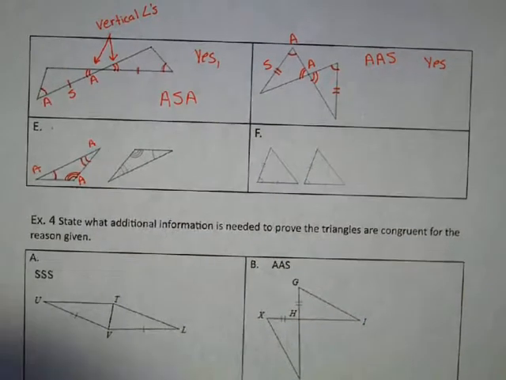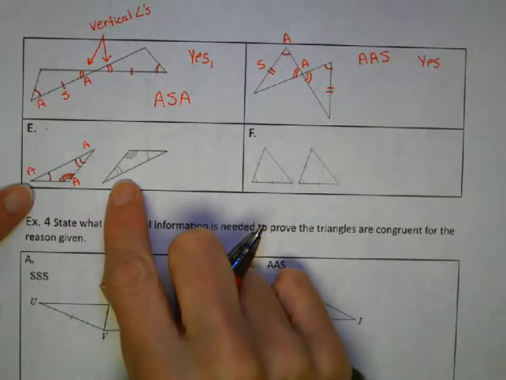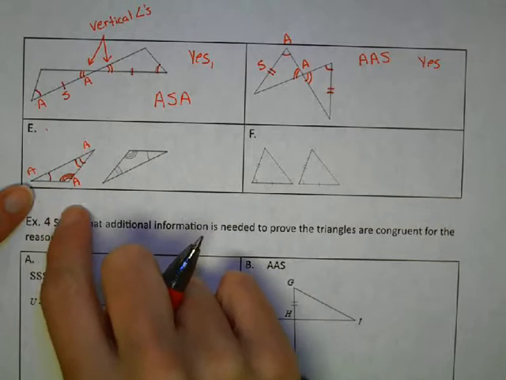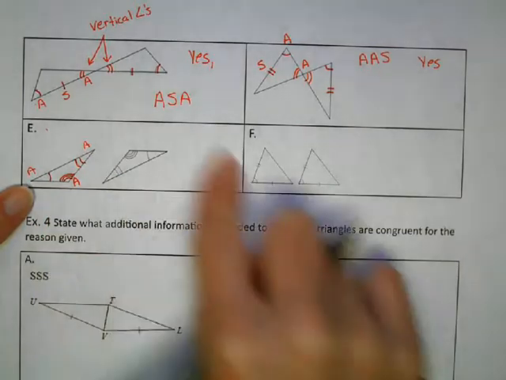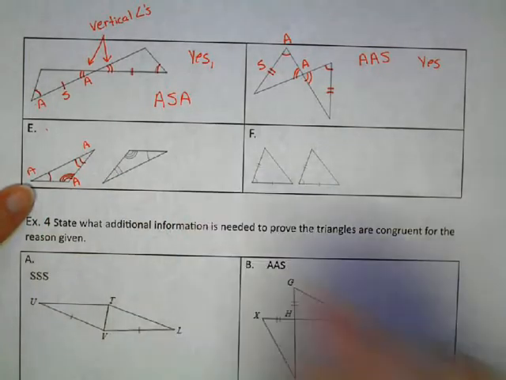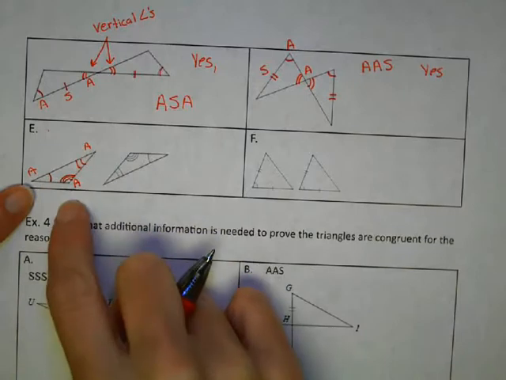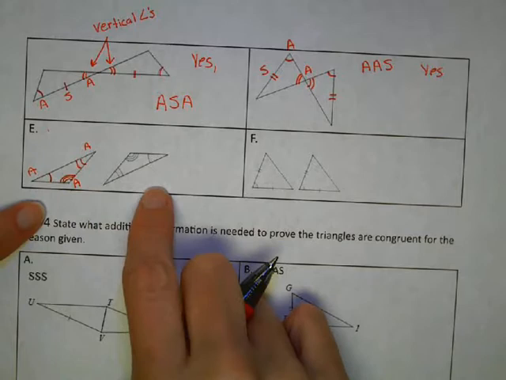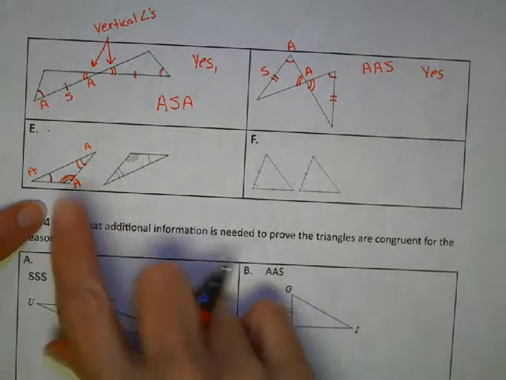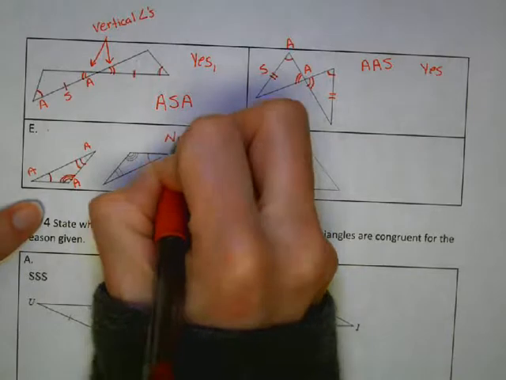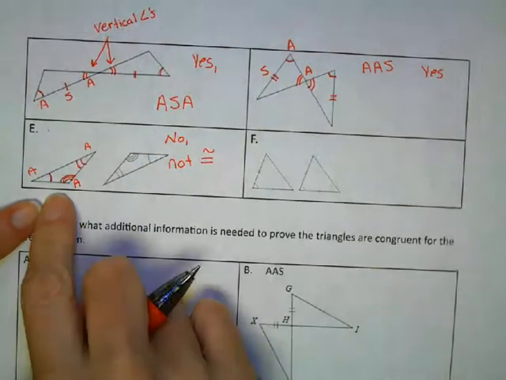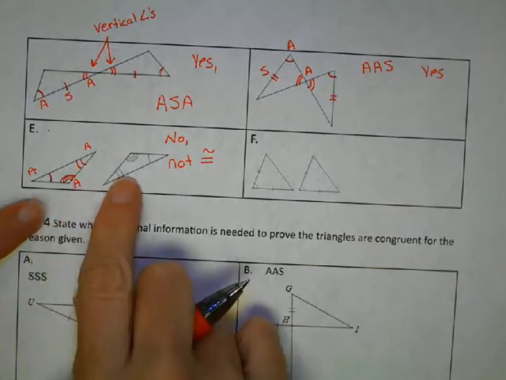They can have the same angles and not be the same size. You can have a very small triangle with all 60-degree angles, or you can have a really big triangle with all 60-degree angles. So if they have all the angles that are equal, they can be in proportion. They don't have to be congruent. And we'll get to that, I think, next chapter on similar figures versus congruent figures. So this one is no, it's not congruent. So things that have the same angles only are in proportion with each other, not congruent to each other.